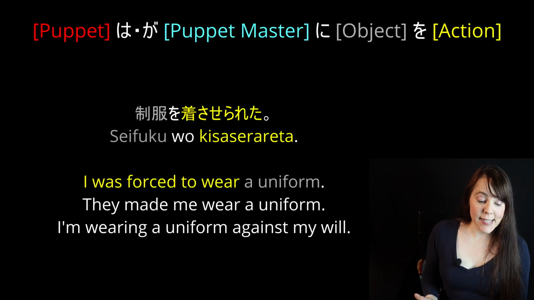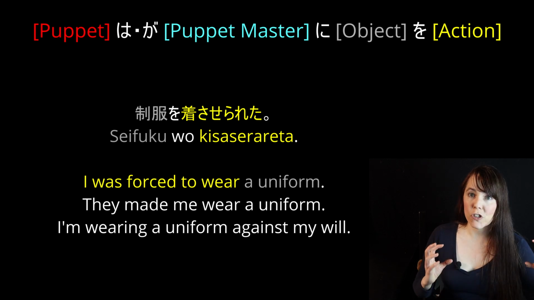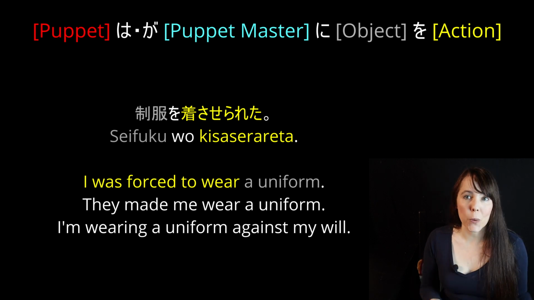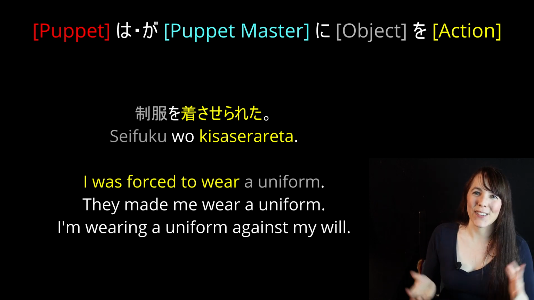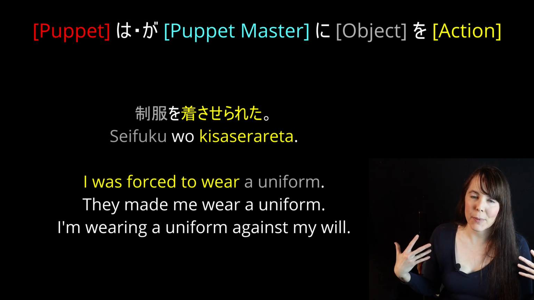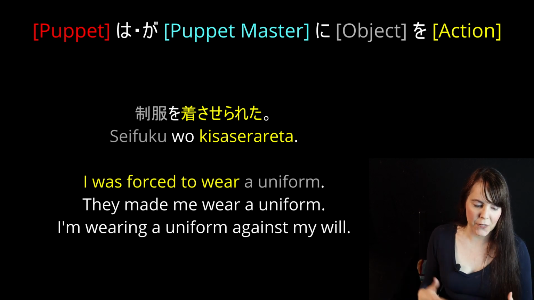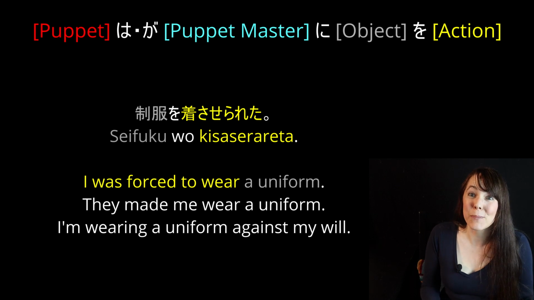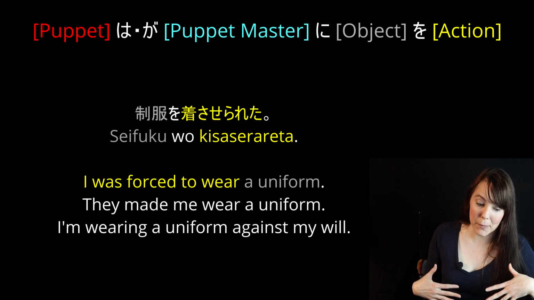So here's a sentence. 制服を着させられた. So in this case, we just have an object and a causative-passive verb. We don't have a puppet master and we don't have a puppet. Who needs pronouns? But typically, if I'm speaking and I'm not naming names or anything, it's kind of assumed I'm talking about myself here.